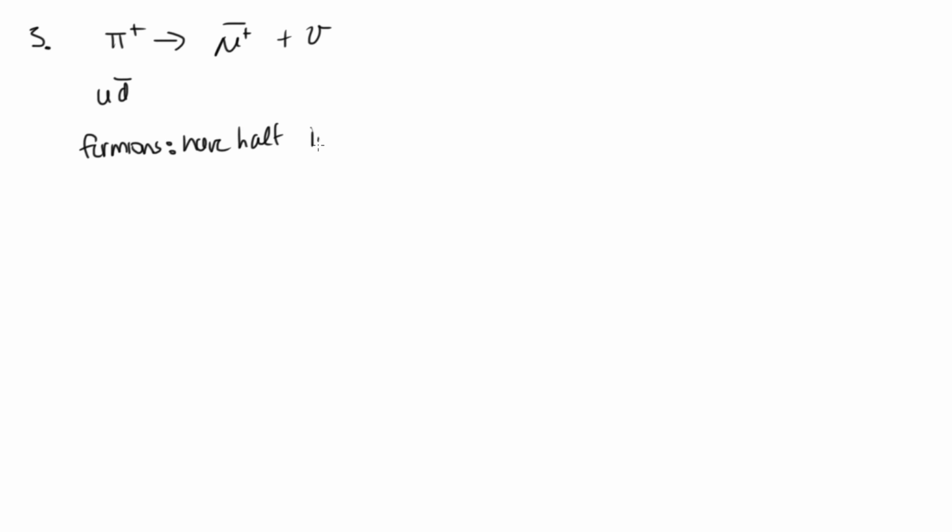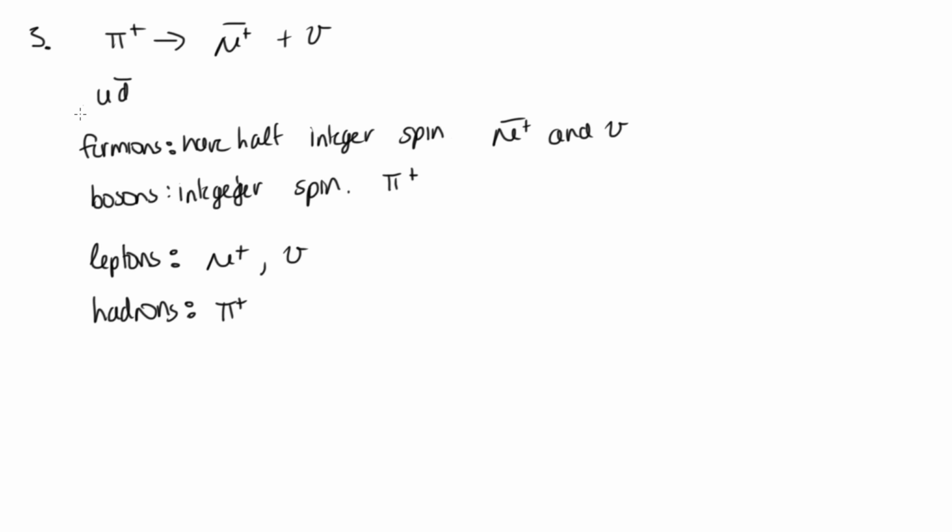And then we're asked, are they leptons or hadrons? So leptons are electrons, muons, and tauons. So the muon and the neutrino is a type of lepton. So these are not composed of quarks. Hadrons, on the other hand, are comprised of quarks. And so we said this pi was composed of an up and an anti-down quark. So it is a hadron.